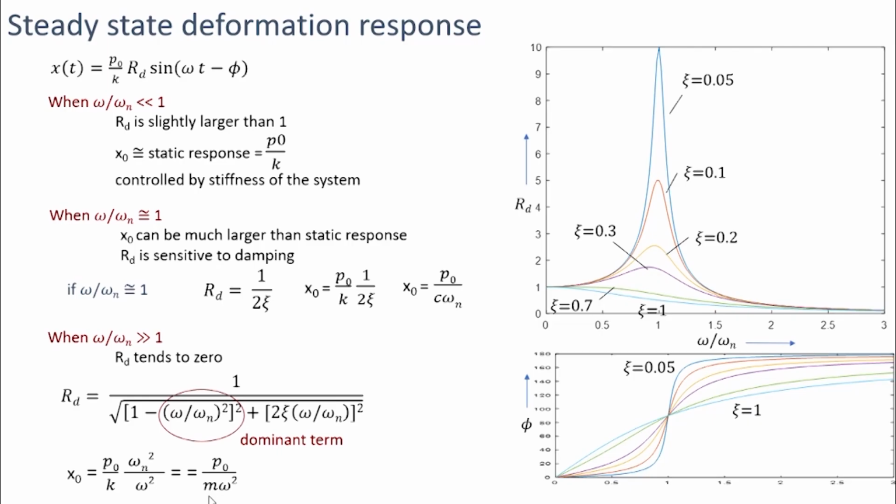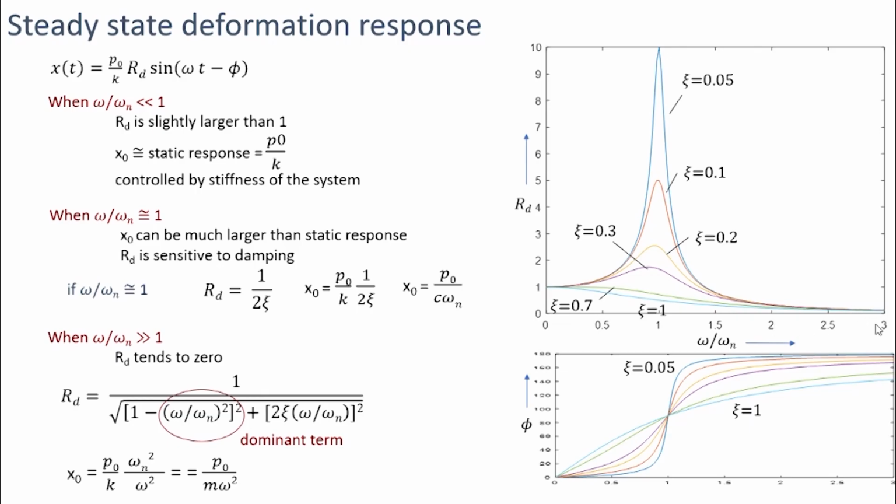If the mass is high, the steady state response will be smaller. If the mass is very low, this response will be larger. However, as the frequency ratio goes higher than 1, the response approaches 0.